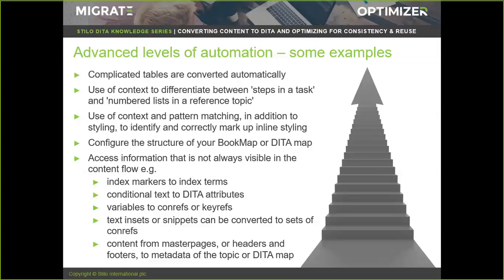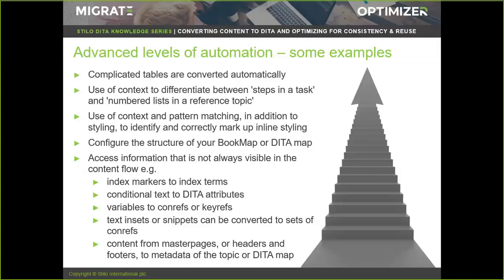Similarly, for inline styling, there are a number of things that we can use to help us identify and correctly mark up inline elements. So one of the most common in technical documentation might be a UI control. So very often we'll find that a UI control is a little piece of bold text in a step.